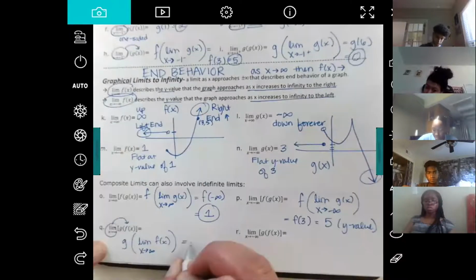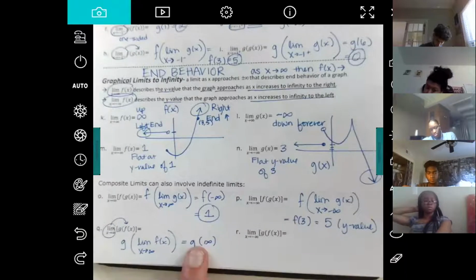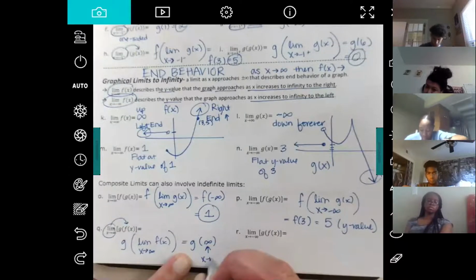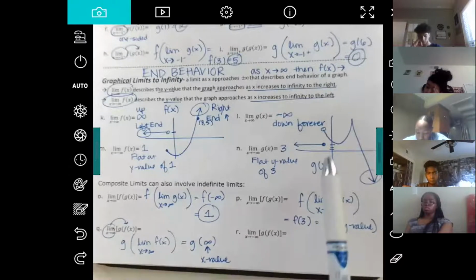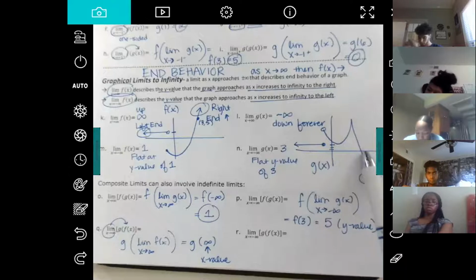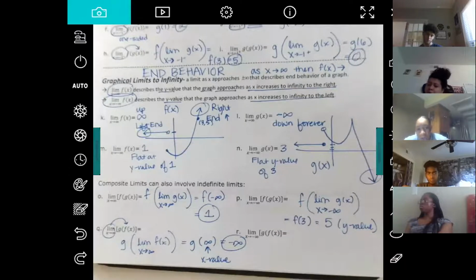Then I want g of infinity. That's weird, but I know what to do. If I want my x value, remember, this in the middle, that's an x value, to be going to infinity, then I'm going to look at my graph of g over here. As x moves towards infinity, my graph is pointed down. That means my final answer is negative infinity.